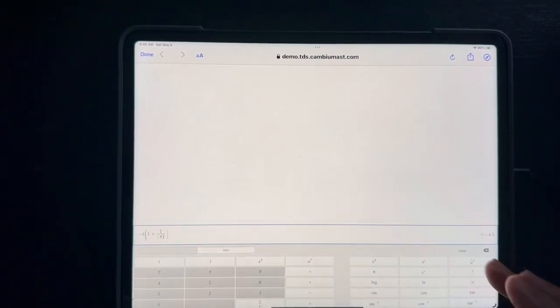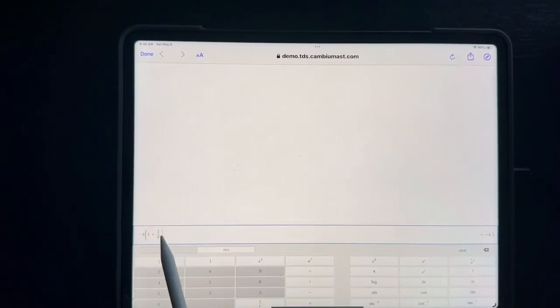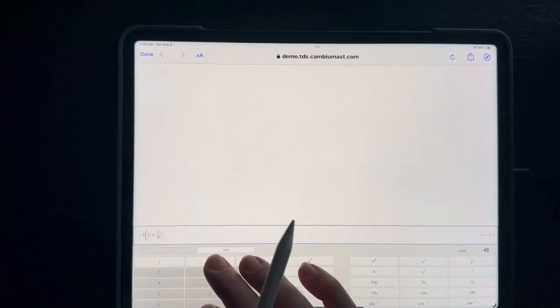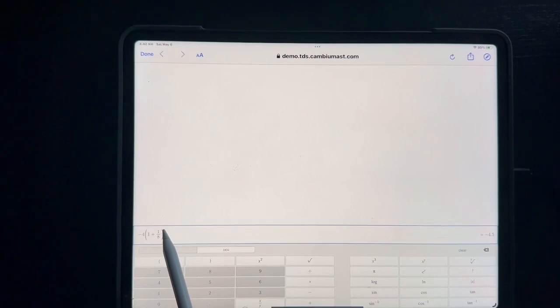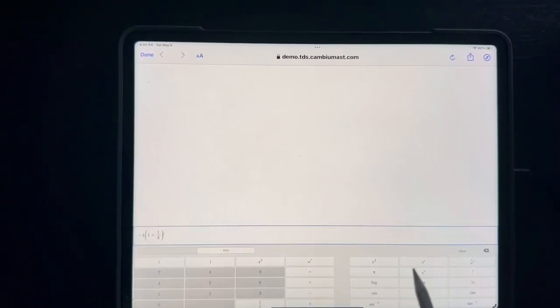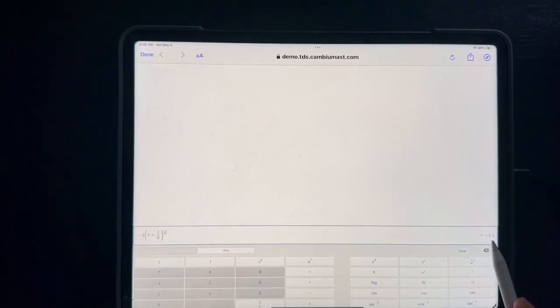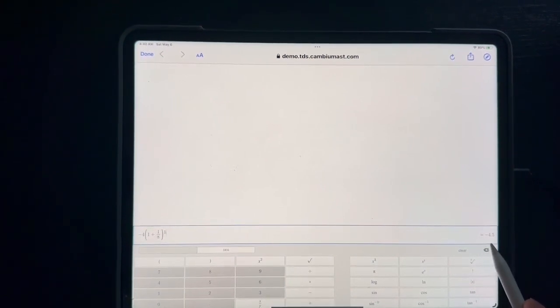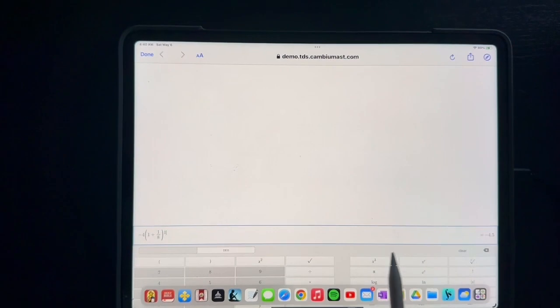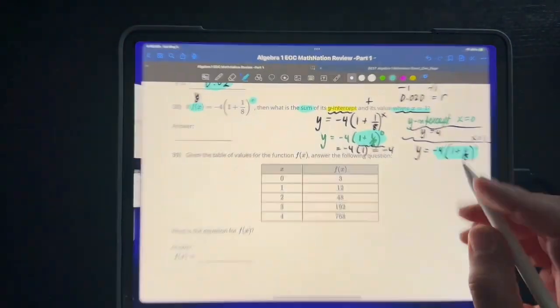Now you don't have to put raised to the first power, guys. I'm going to show you it doesn't make a difference because anything to the first power is the same. So if I put raised to the first power, guess what? The answer is still -4.5. So no need to put that. But if you do, you can see the answer did not change. So that worked out to be -4.5.